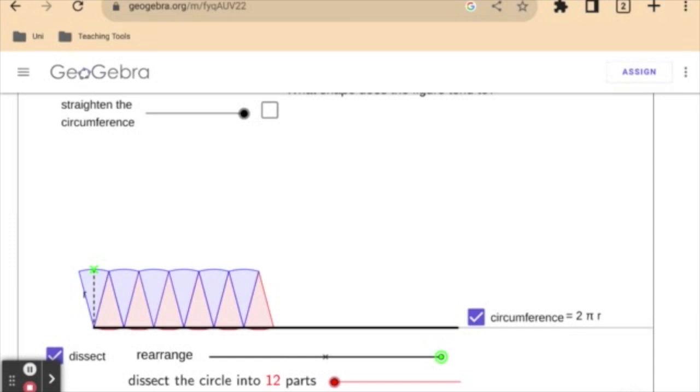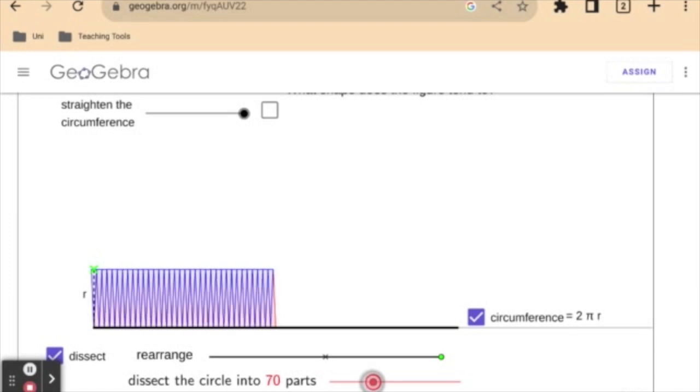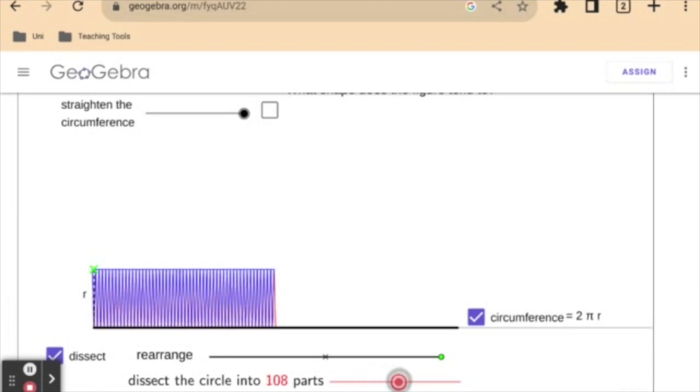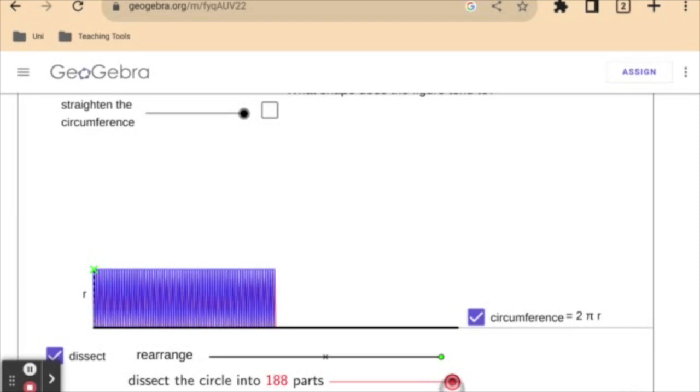Now let's bring forward this idea of infinity. Let's make this pizza into infinitely many slices. I probably won't get infinitely many here, but imagine a lot of slices. And if you see here, this is becoming a lot more rectangular.